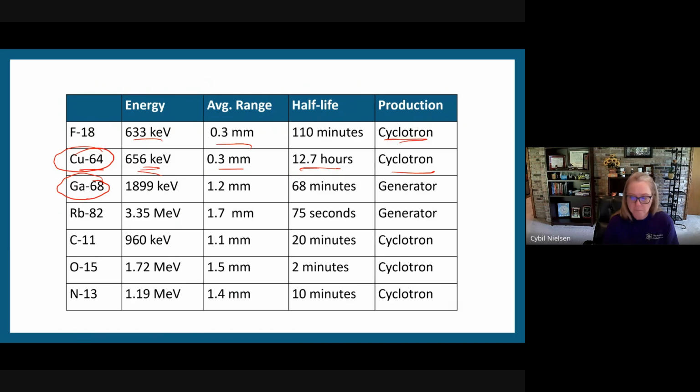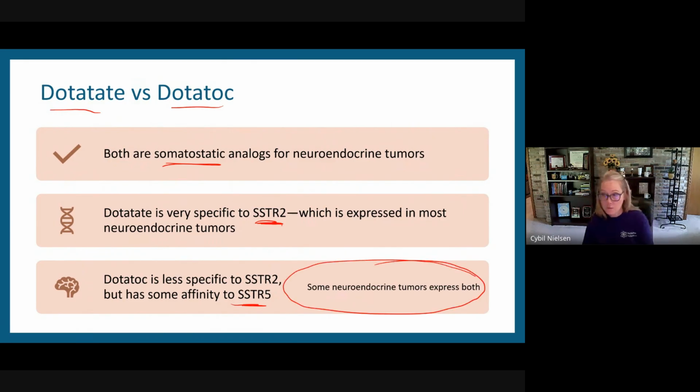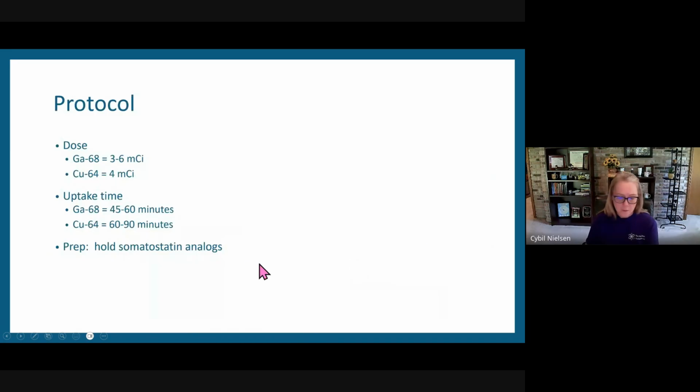Gallium-68, again. So what's the difference between dotatate and dotatoc? Well, both are somatostatin analogs, but dotatate is very specific to somatostatin receptor number 2. Dotatoc has affinity for somatostatin receptor 5. Is that important? No, because neuroendocrine tumors, most of them express both of those. All right, dose is about the same.